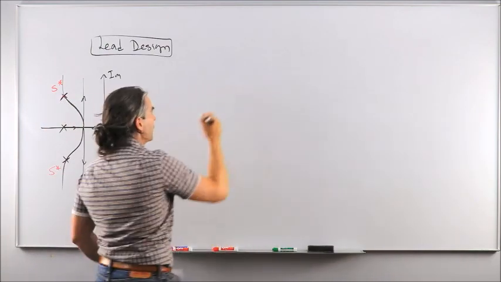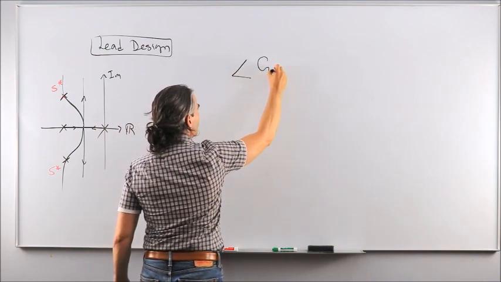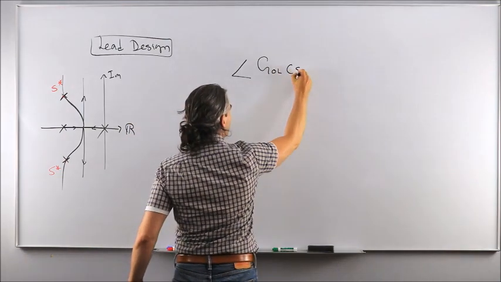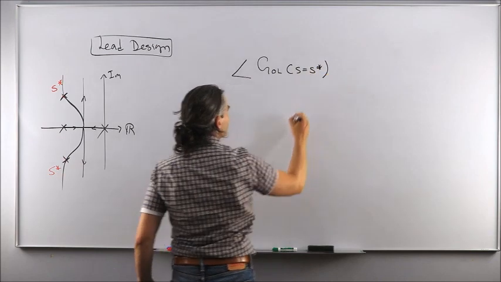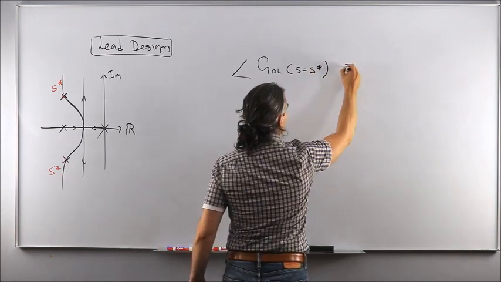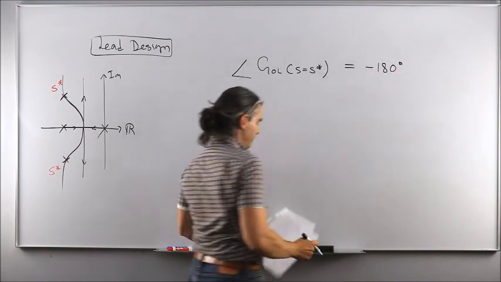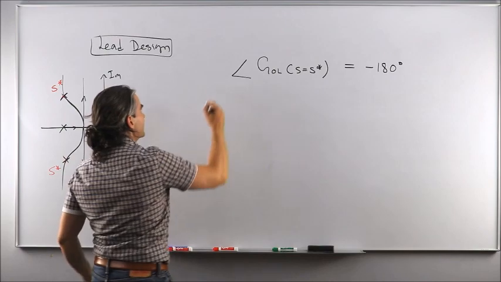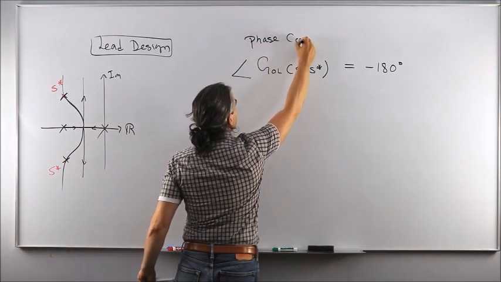How does that work? Well, you need to know that the phase of your open loop transfer function evaluated at S equal S star, your desired poles, has to be equal to minus 180 degrees. In other words, this is known as the phase condition.